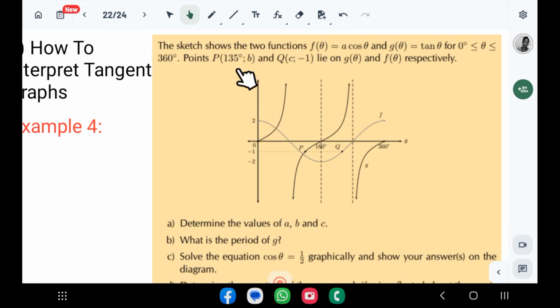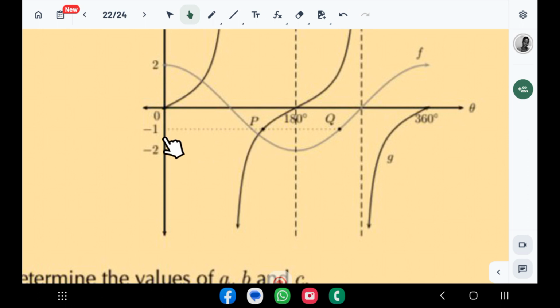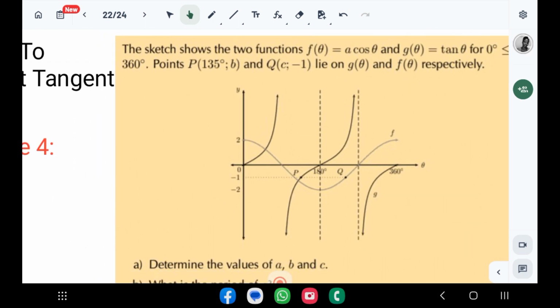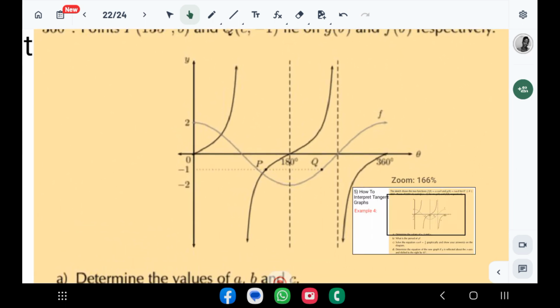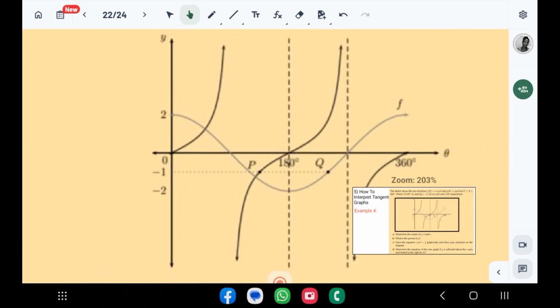Okay, b is part of the point P, which lies on the tangent graph at -1. That is the y-intercept we're looking at, at P. Yeah, point P is there. Is that point P?